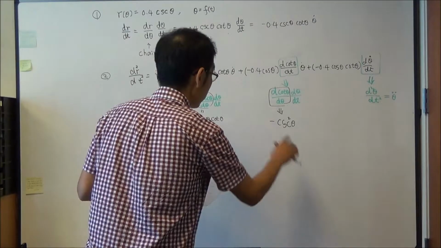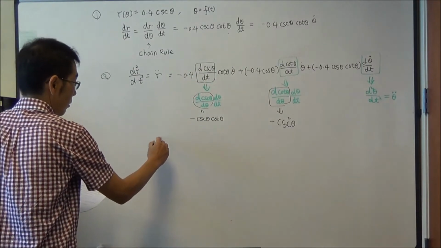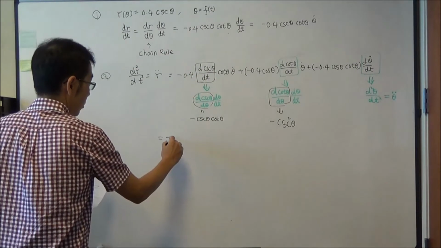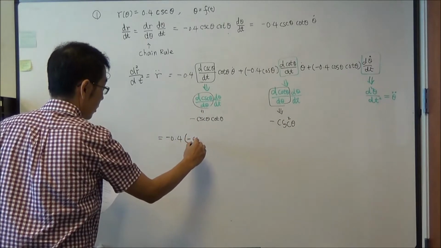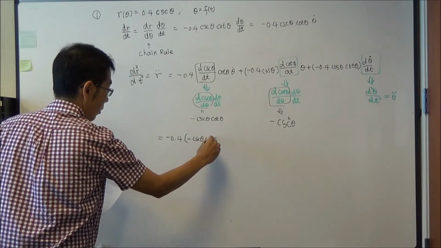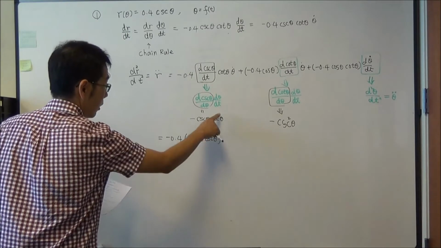So I just write down this one more nicely. So minus 0.4 and then minus cosec and cotangent, and then I need to write down this one.